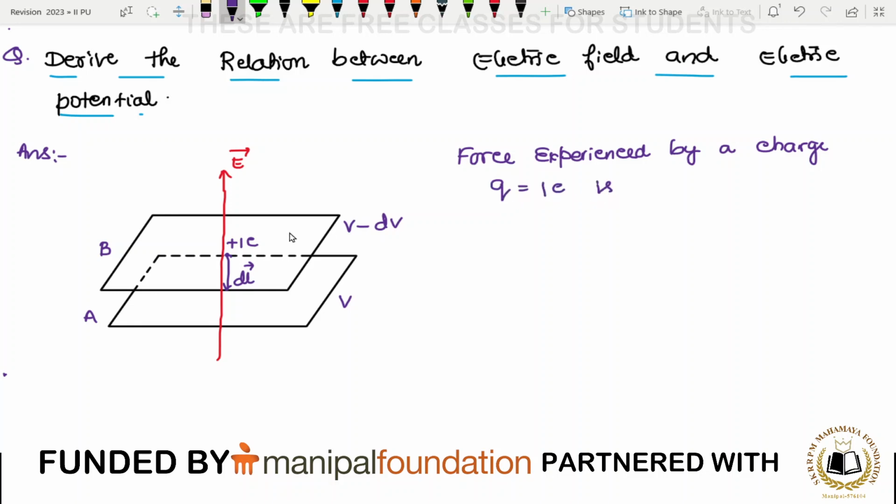The force experienced by this 1 coulomb of charge is F equal to Q into E. Q is 1, so F is equal to E.